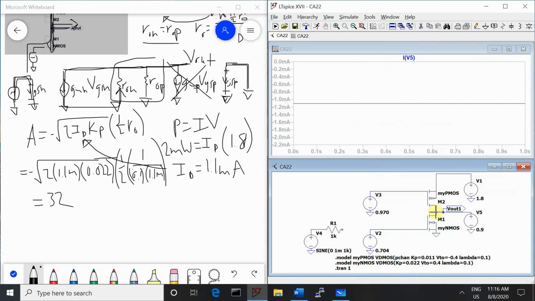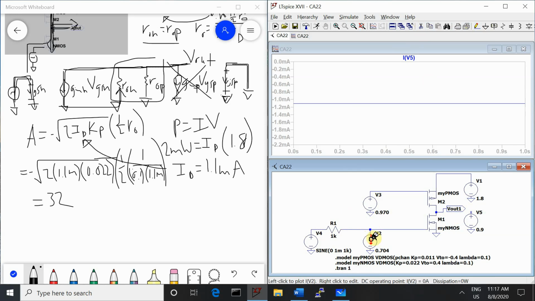So now we'll put our circuit back together. We don't need this 0.9 volt source anymore because we biased it so that our V out will be at 0.9 volts. So we need to make sure that that's the case. And then we can add our sine source into this circuit.